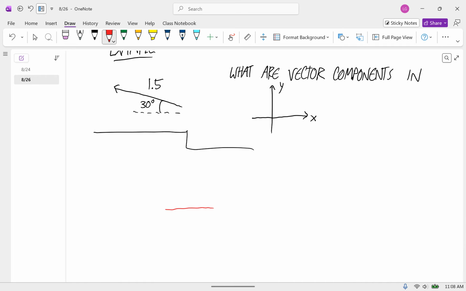Okay, so I'm going to draw out the coordinate system. And I'm going to put the tail of the vector at the origin. That's important. You'll get wrong answers if you don't do that. There's the vector. This angle is 30 degrees. This magnitude is 1.5. So the counterclockwise angle from the positive x-axis to the vector, you can think of that as 30 degrees short of 180. So theta is equal to 150.